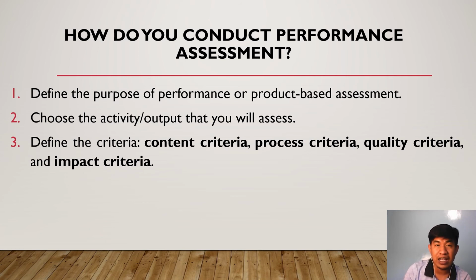Process criteria have something to do with the proficiency of the students to demonstrate a particular skill, say cooking, dancing, etc. Quality criteria have something to do with the outputs, how nice, how durable, how beautiful the output of the students is. Then impact criteria is the overall results of the performance and the product of the students.